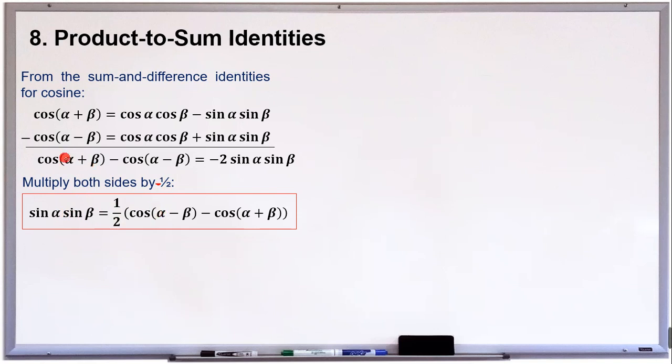Instead of cosine alpha plus beta being the first term, we interchange these two. So the first one before the minus sign is cosine alpha minus beta. So we have cosine alpha minus beta minus cosine alpha plus beta. So this is our last product to sum identity.